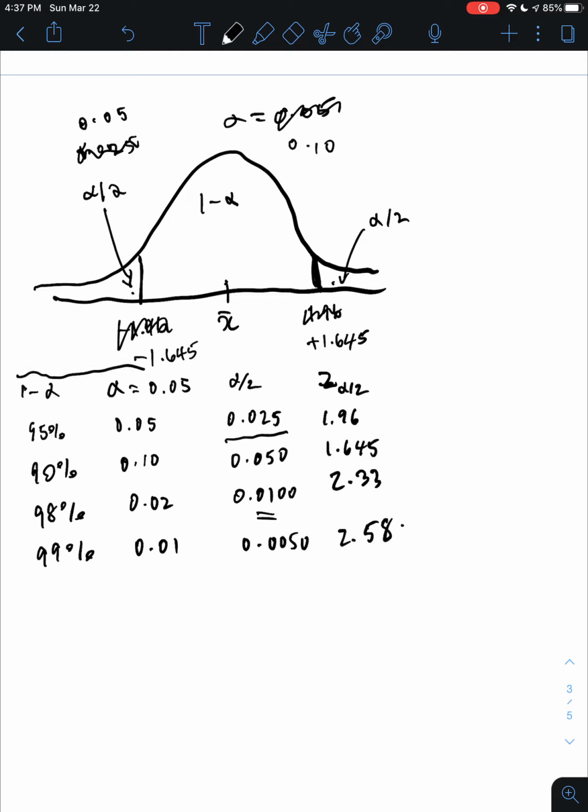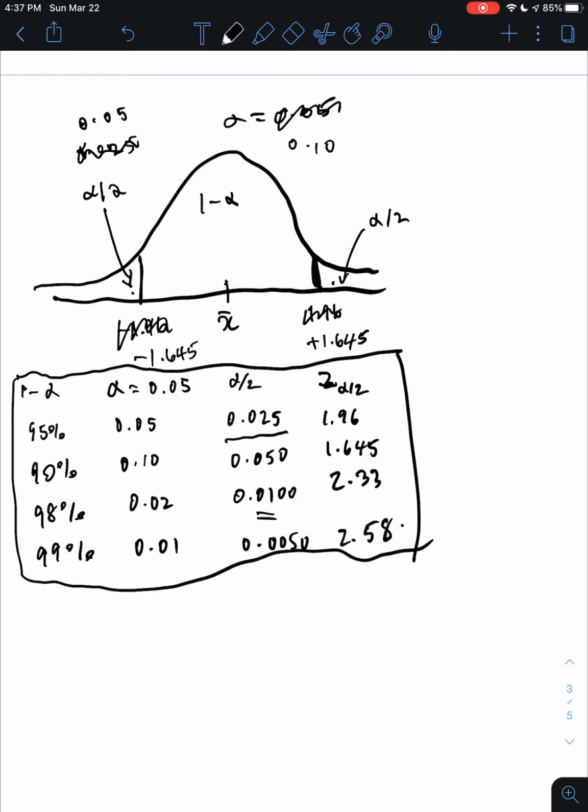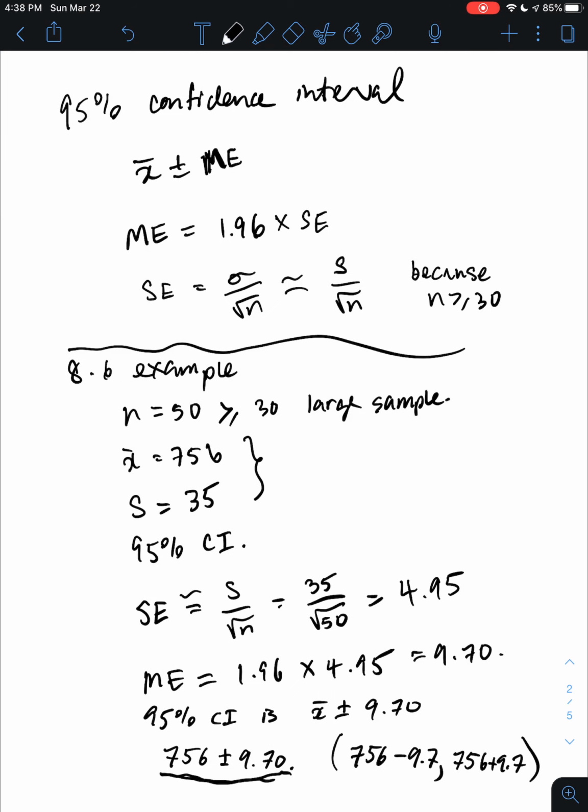Okay, so this is an important table, just so you don't have to go through all the effort of looking up this stuff over and over again inside your normal table. This table is summarized in your formula sheet, and what it tells us is how we vary our confidence interval calculation if we want to be more or less certain of our results.